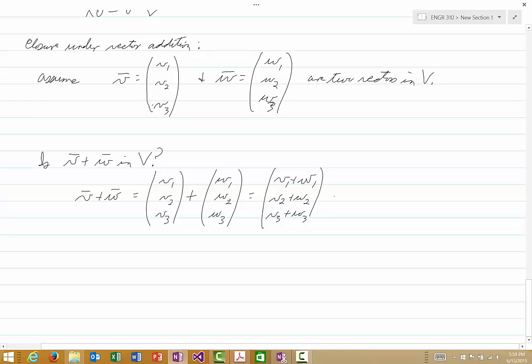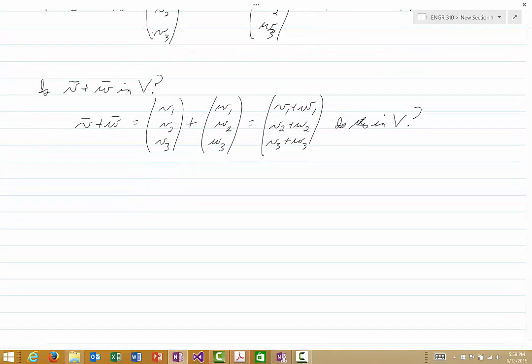And now we ask, is this in V? And remember, the way you determine whether or not something is in V is to check to see if twice its first component plus its third component is 0.